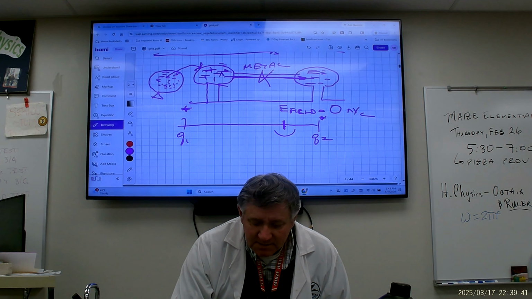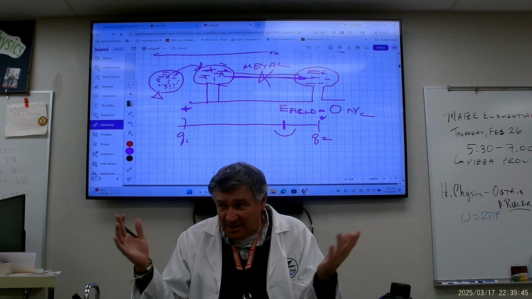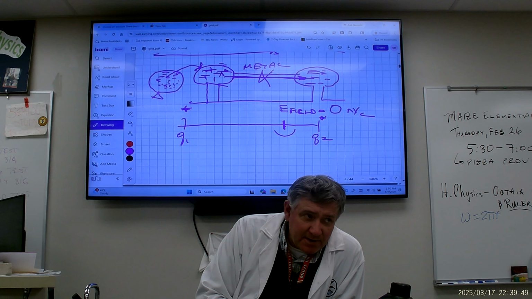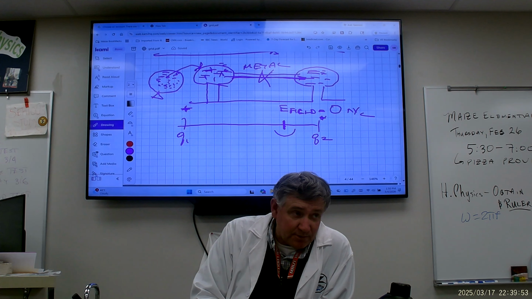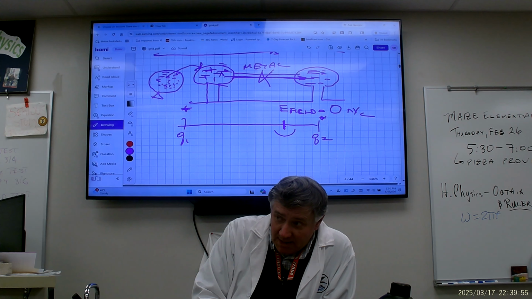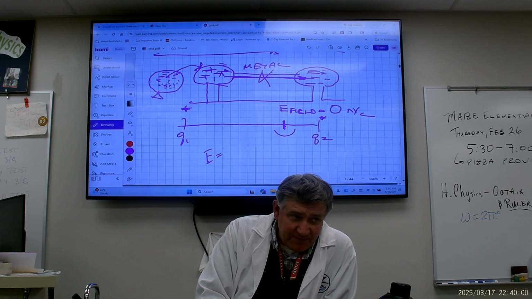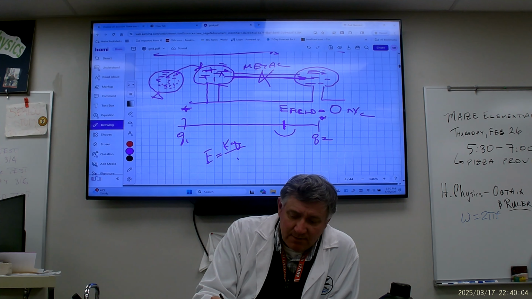Okay. So we know that they're both the same charge. I don't know if positive or negative, it doesn't make any difference. But which one has to be the bigger amount of charge? Q1 or Q2? Q1. Why? Farther away. Because how do you calculate the value of an electric field? kQ over r squared.